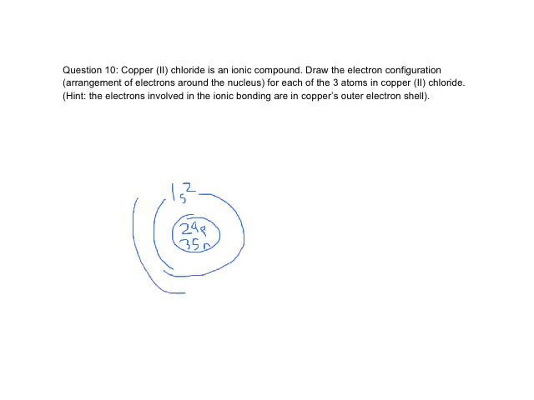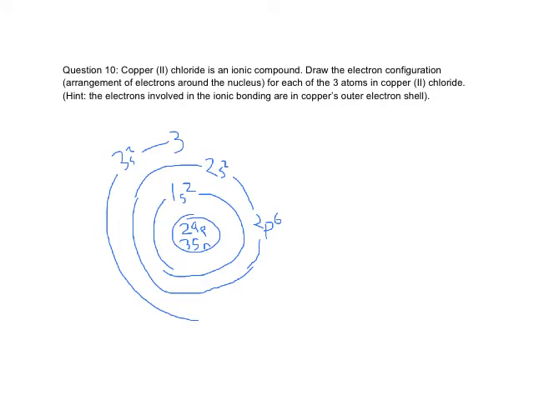In the second shell, I'm going to have 2s2 and 2p6, which makes 8 for the second shell. For the third shell, I'm going to have my 3s2, my 3p6, and then some d's. But I don't know how many yet, because after my p's I start filling the fourth shell, so we'll leave some space to write the d's later on.